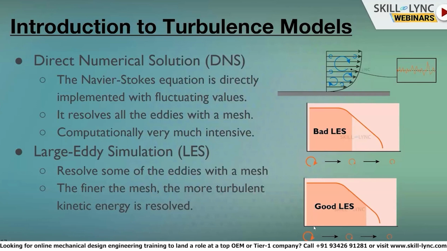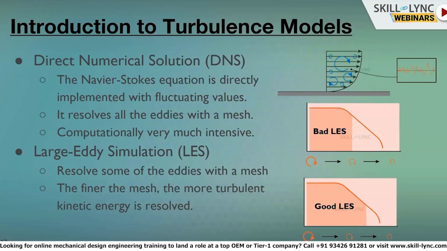If you see the good LES, the area under the curve extends towards more smaller eddies. So this is a good LES. But the top one just stops here, so it is only capturing eddies of this size. Here it is capturing eddies of smaller size as well. There is always a trade-off between the computational power we have and what we need to capture.